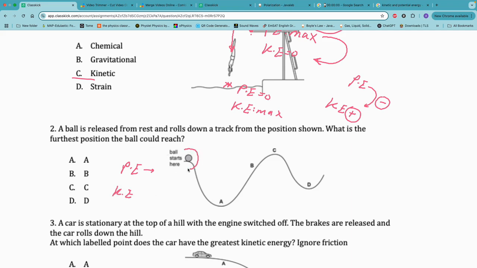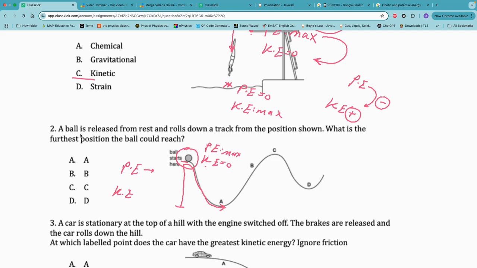Now at the top here, potential energy is going to be considered maximum because this is at the maximum height, while since there is no motion, kinetic energy is 0. While moving down, potential energy decreases because height decreases, kinetic energy increases.